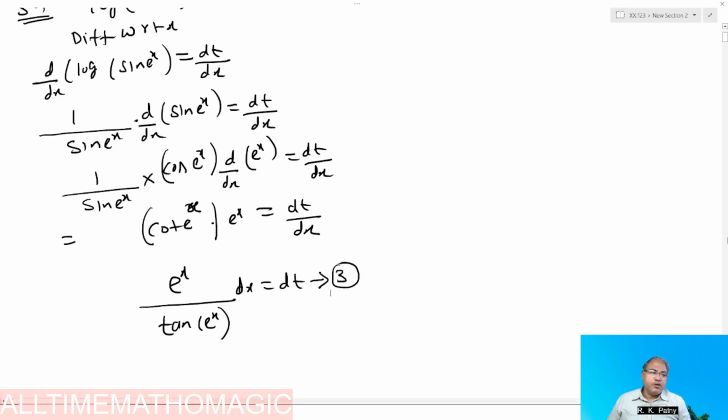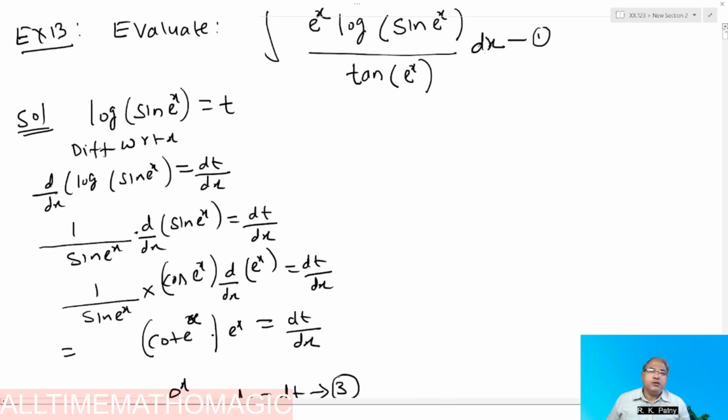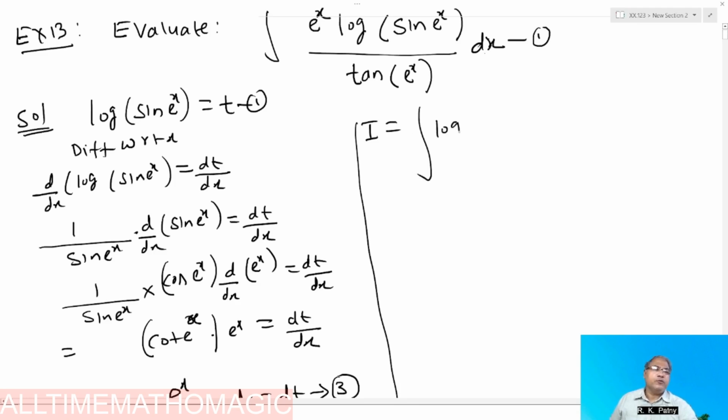After that, now the given question can be written as I equals integration of log of sin e raised to x as the one part and e raised to x upon tan of e raised to x dx.